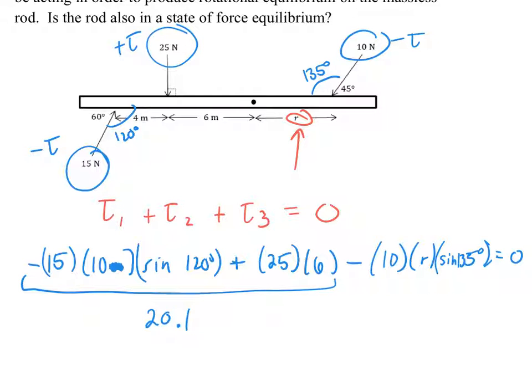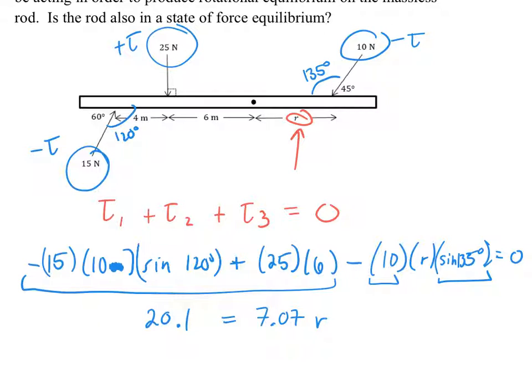Now, we take this whole quantity, to make math easier for you, all in one step. Since this is a negative, add this entire thing over as if it were a number to the right-hand side. So the 20.1 is now going to equal, and when I do 10 times sine of 135, I'm going to get 7.07, and that's going to be an R value there.